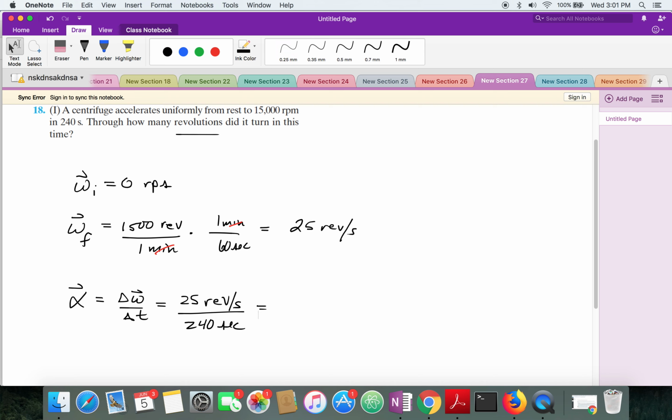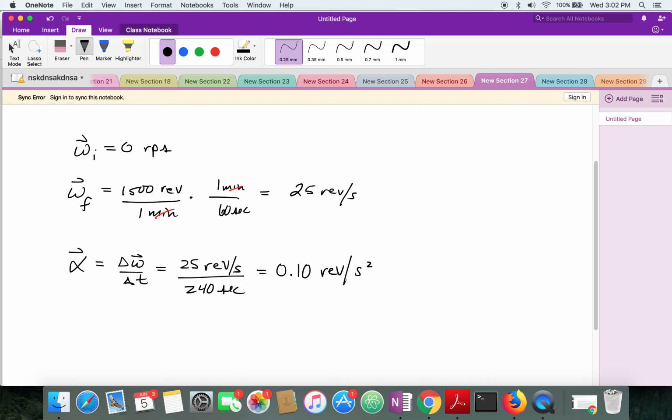If I do 25 divided by 240, we'll get 0.10 revs per second squared. Now we have our initial angular velocity, our final angular velocity, and our angular acceleration, so we can get delta theta.